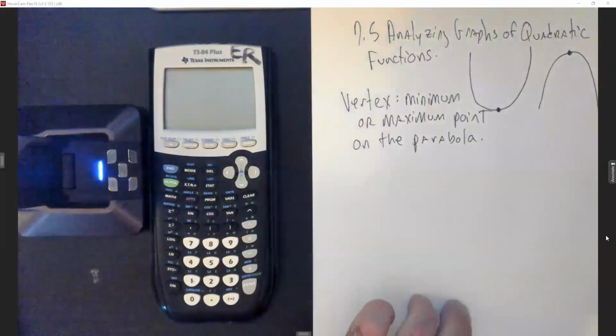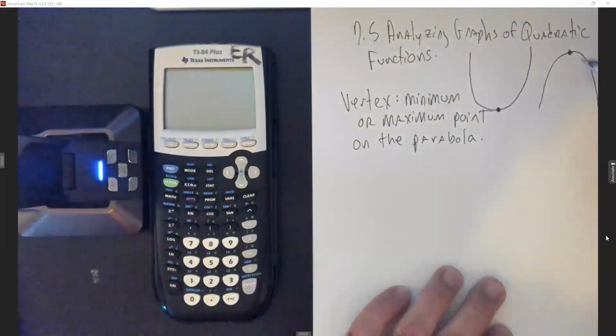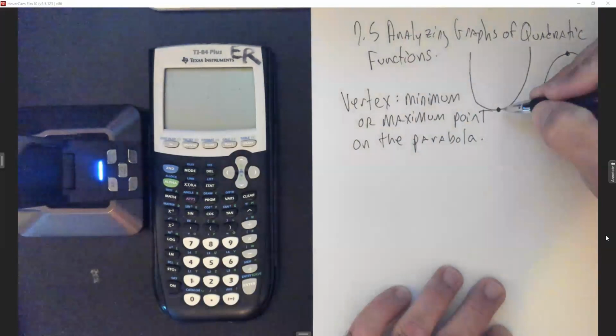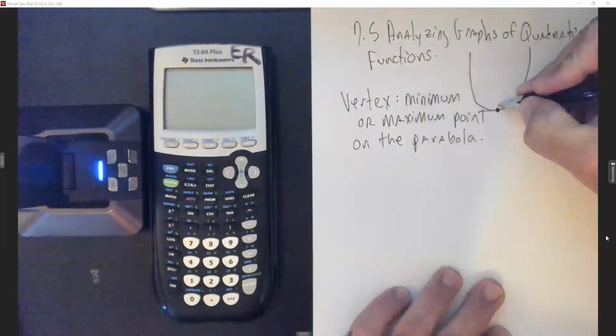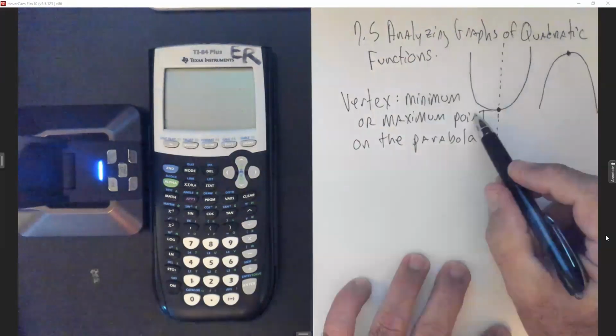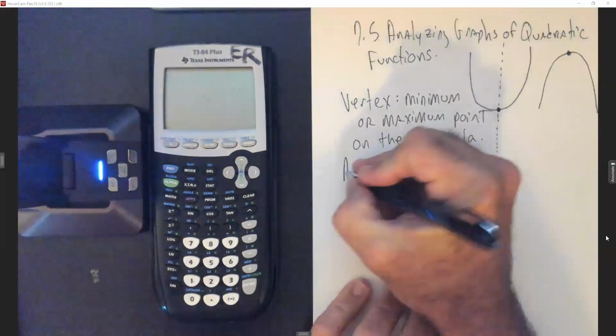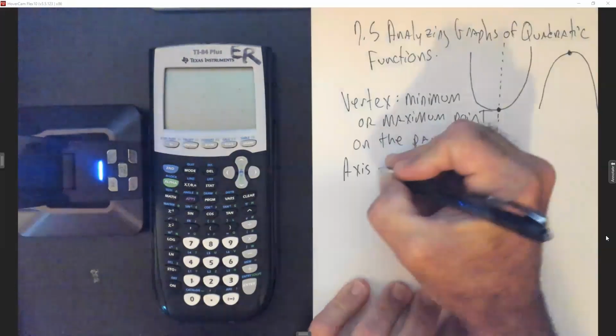Okay. Now, some other things you notice on this vertex point of this parabola, if I drew a vertical line through it, it would split the parabola in half. So we call that the axis of symmetry.